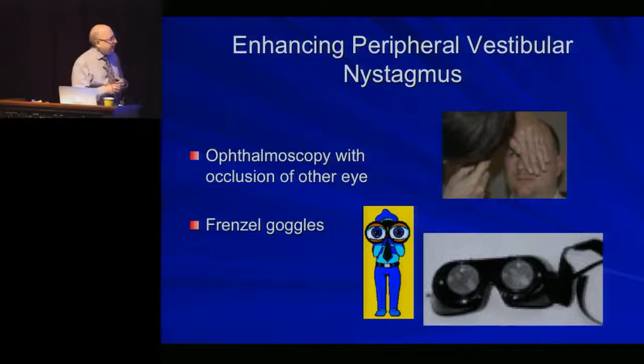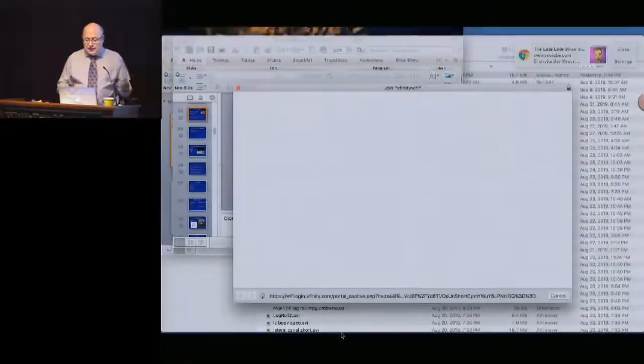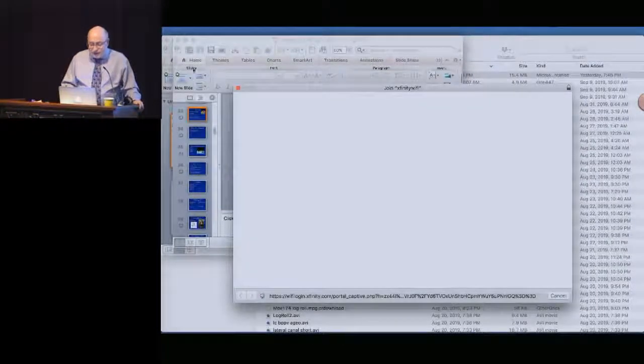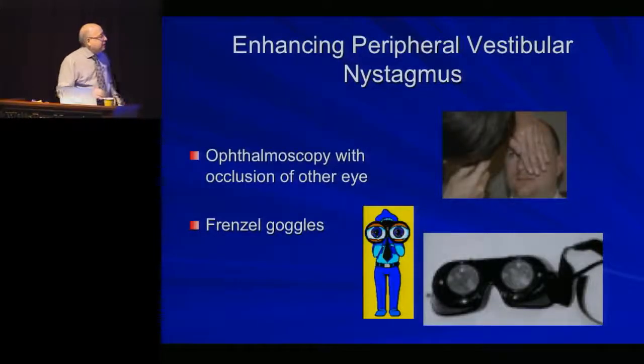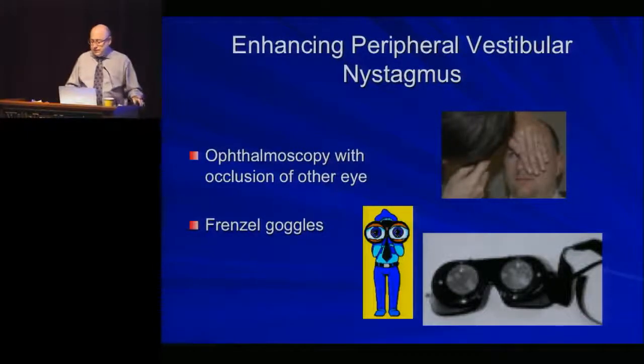The bottom picture shows Frenzel goggles. These are goggles with a high plus, say a 20 plus lens in them, so the patient can't fixate. There's a light in them, so you can see the actual eyes very well, and therefore you can bring out vestibular nystagmus.